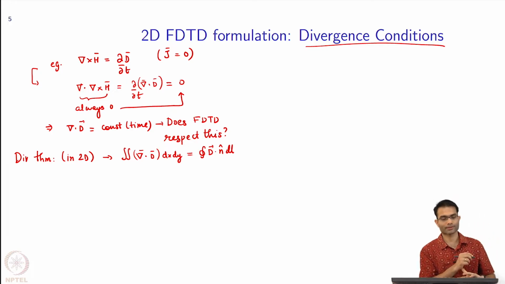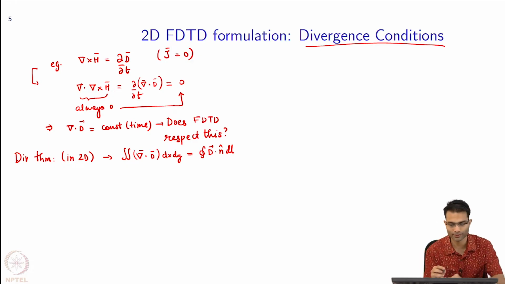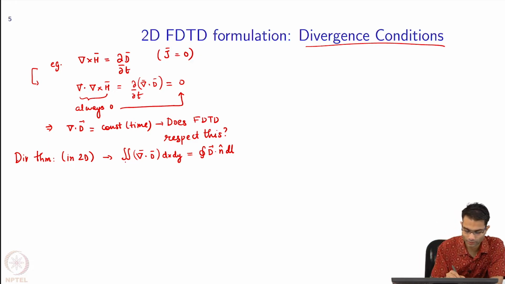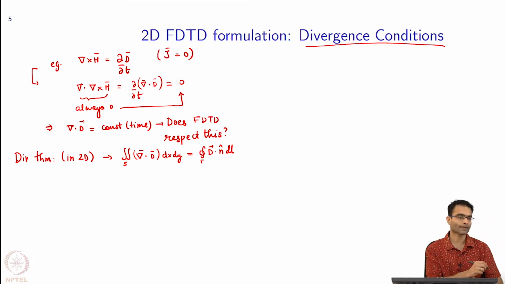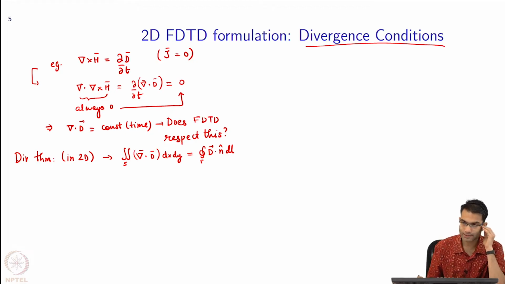So if this is region S, this is gamma around it. That is going to be one nice way of calculating del dot D over some space. The right hand side has now become the outward flux of D.